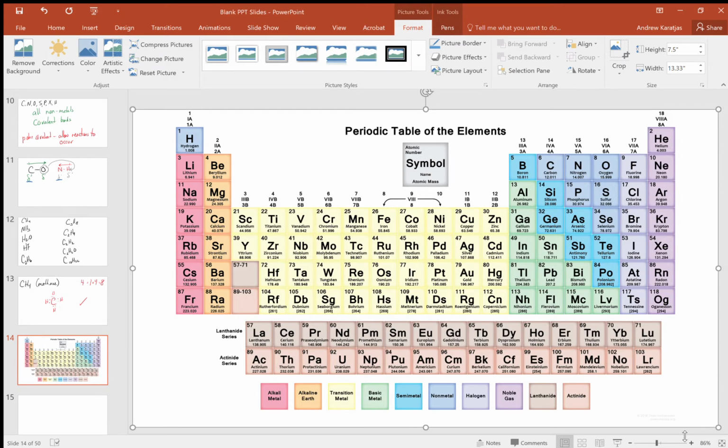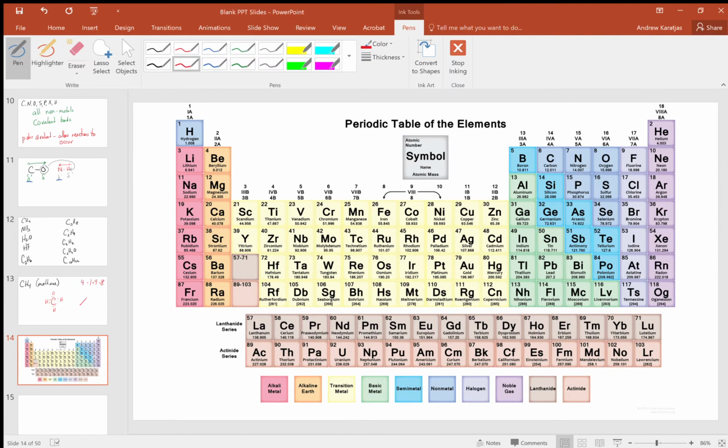Hopefully, some of what we remember is the following: the number of valence electrons in each column. Group 14, which has carbon, has 4 valence electrons. Nitrogen's group 15, then 16 and 17. And what's our goal always? Our goal is to try and get to an octet, which is 8.